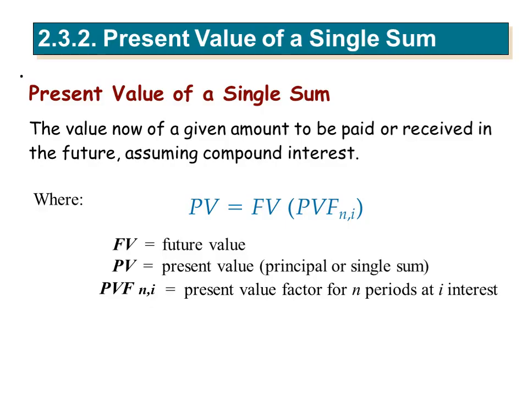Present value equals future value times the present value factor for n periods, or present value equals future value over 1 plus r to the power of n. You can get it in 2 ways.